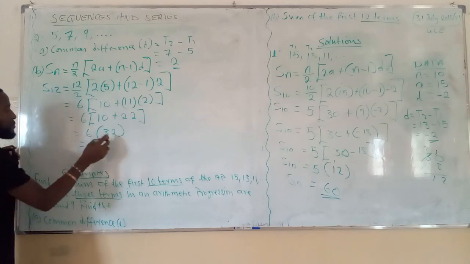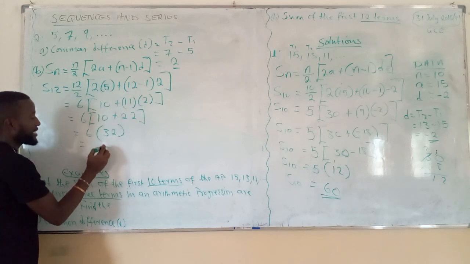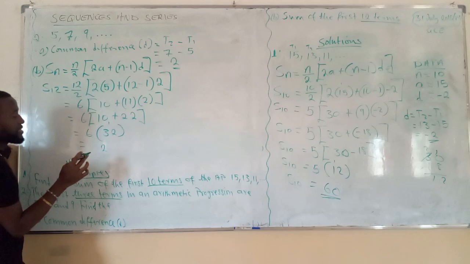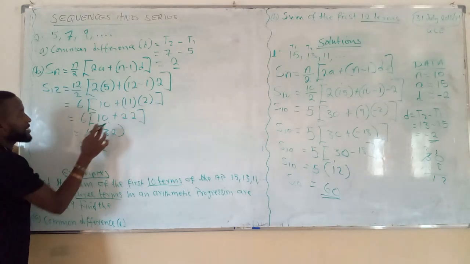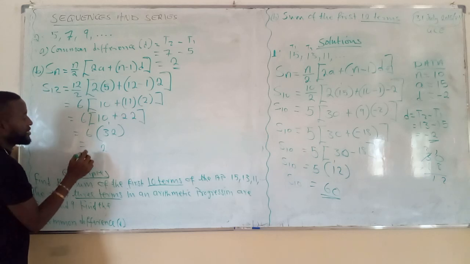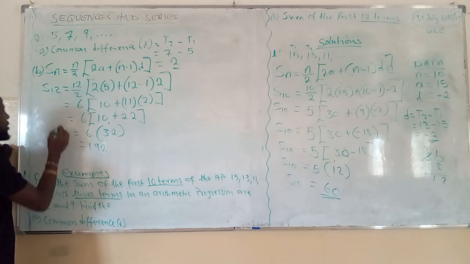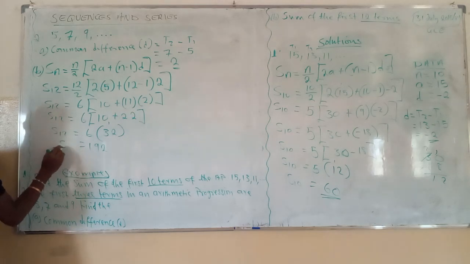We start with 6 times 2, which is 12, so we write 2 remainder 1. 6 times 3 is 18, and 18 plus 1 is 19. So 192. Therefore the sum of the first 12 terms in this sequence is 192.